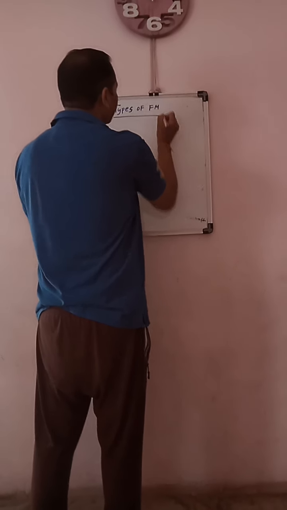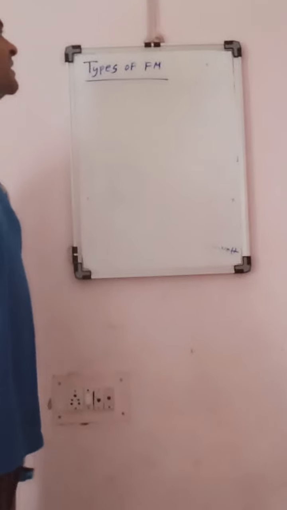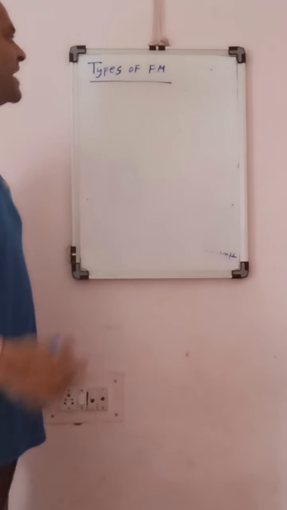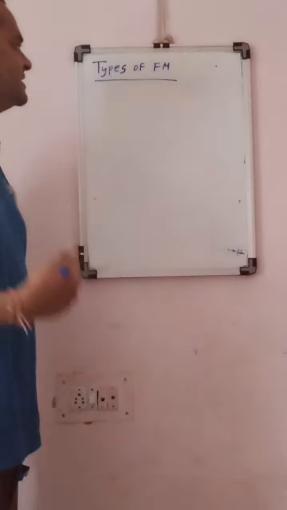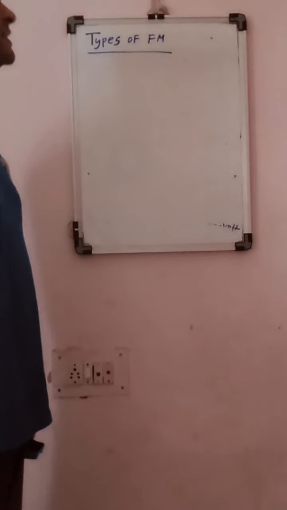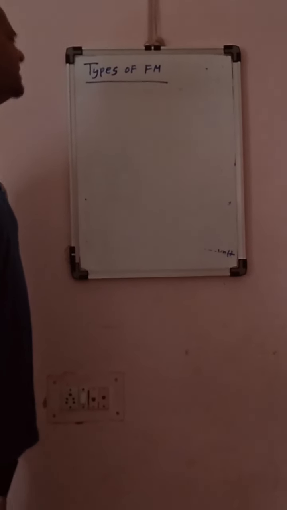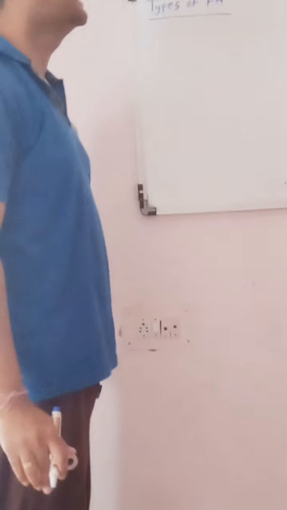Now, as we already discussed, this frequency deviation is a very useful parameter in order to determine the bandwidth, and it is governed by the kf. If kf is large, the bandwidth will be large, and if kf is small, the bandwidth will be small. So here the kf, this sensitivity, is the parameter which is governing or controlling the bandwidth of the frequency modulated wave, right? So here we are going to discuss how many types of FM there are.